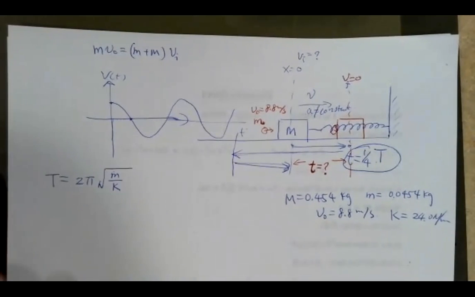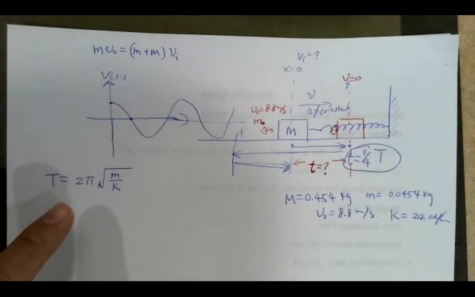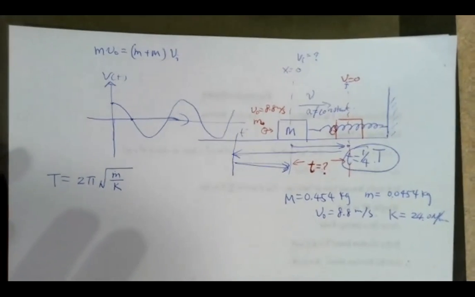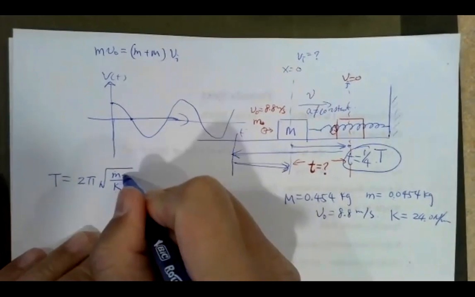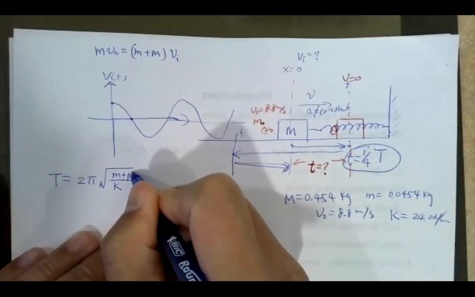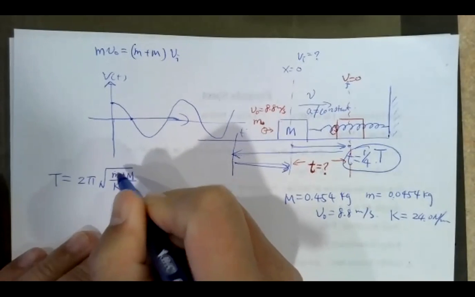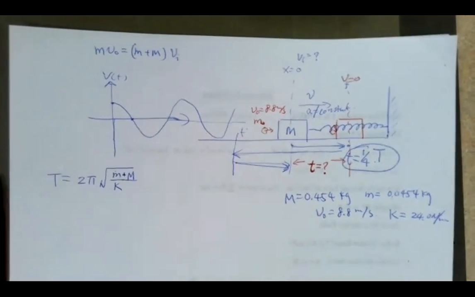When we check this equation, we just have one mass. Now we have two masses together, so you can simply add them up: small m plus capital M on the top there, because you treat them as one system.